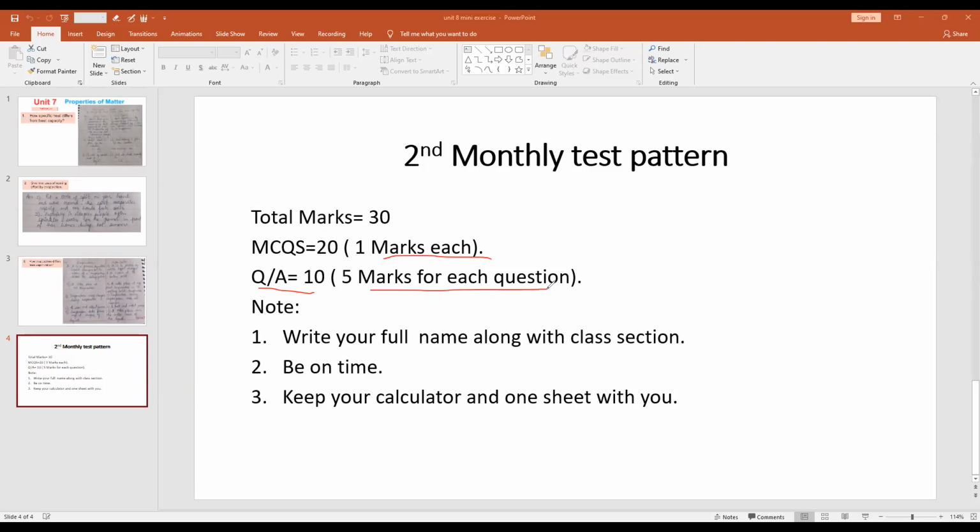What are the lower fixed point and upper fixed point? You have to know that if you measure in the Celsius scale, the lower fixed point is 0 degrees centigrade and the upper fixed point is 100 degrees centigrade, right? Then if you consider the Fahrenheit scale, the lower fixed point is 32 degrees and the upper fixed point is 212 degrees.